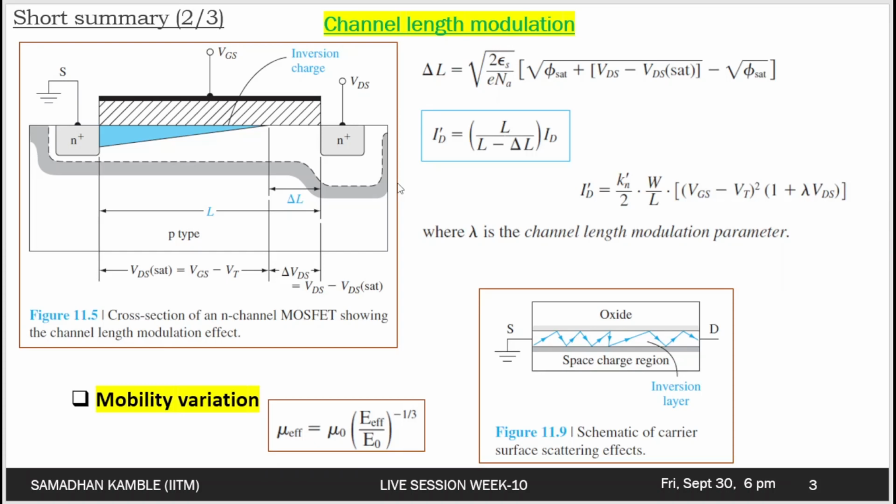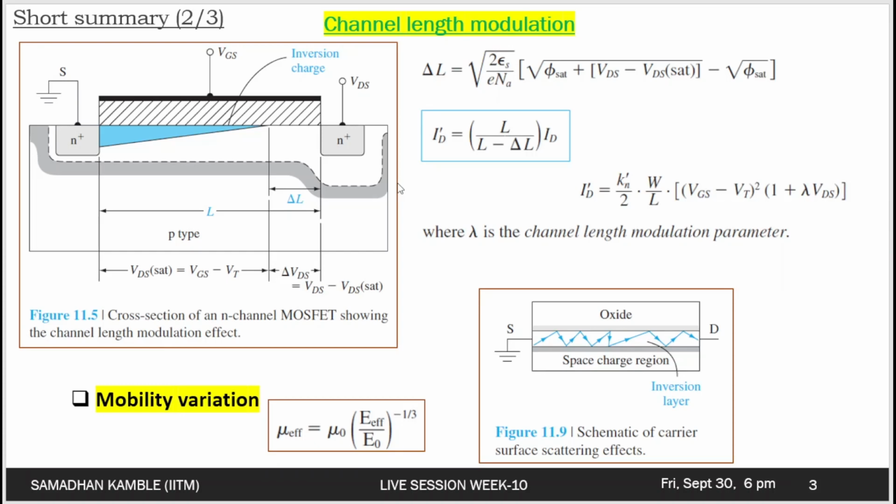However, when the MOSFET is biased in the saturation region, the depletion region at the drain terminal extends laterally into the channel, which reduces the effective channel length. Since the depletion region width is bias dependent, the effective channel length is also bias dependent and is modulated by the drain to source voltage.